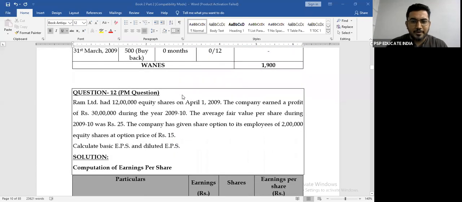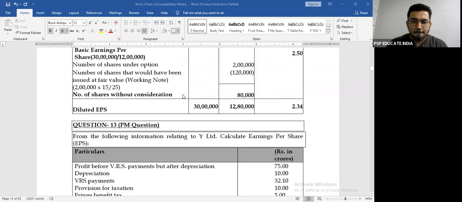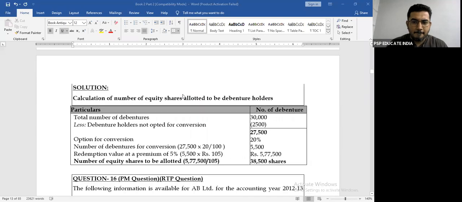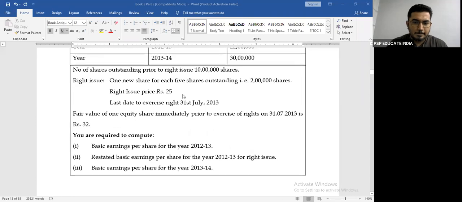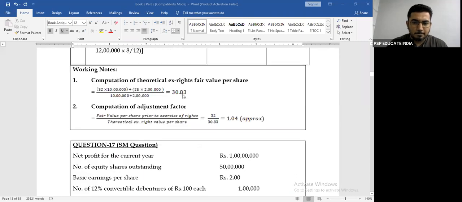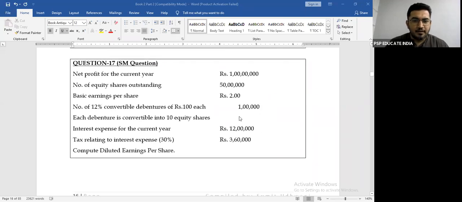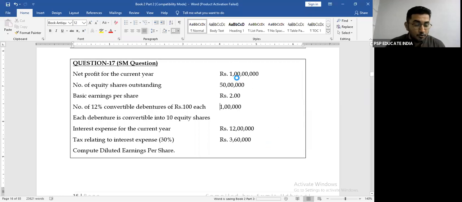We first look at a basic question. Okay, question 17. Let's quickly have a look at question number 17. This is again a question that we have already done. I'm just revising so that you can also revise for yourself.